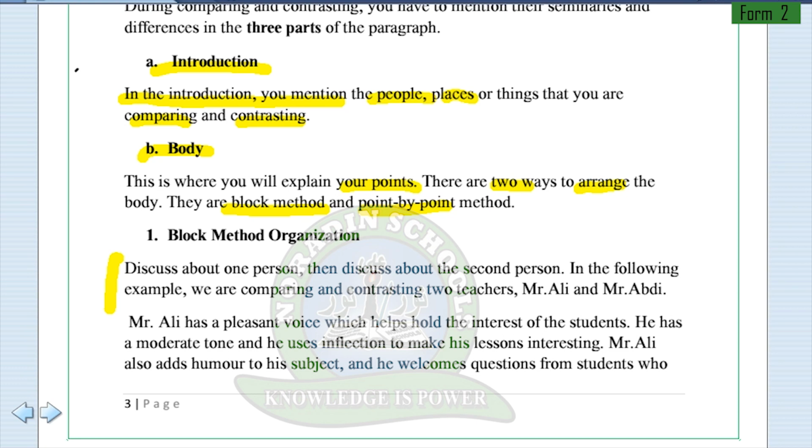When you finish all the information, you will put a full stop, and then you will start the other thing, the other place, or the other person that you are comparing with the previous one. So, block method.